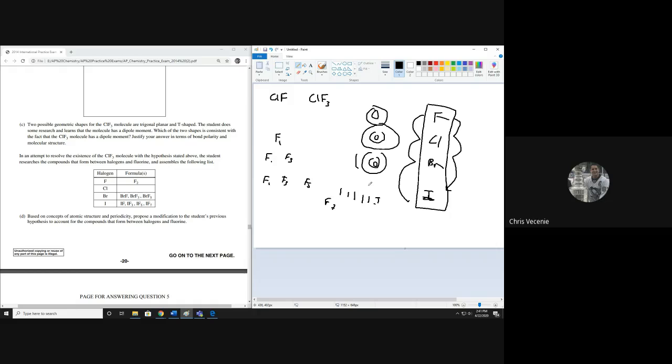So as the number of energy levels increases, the number of fluorines that can attach increases by odd numbers. Questions on that guy?